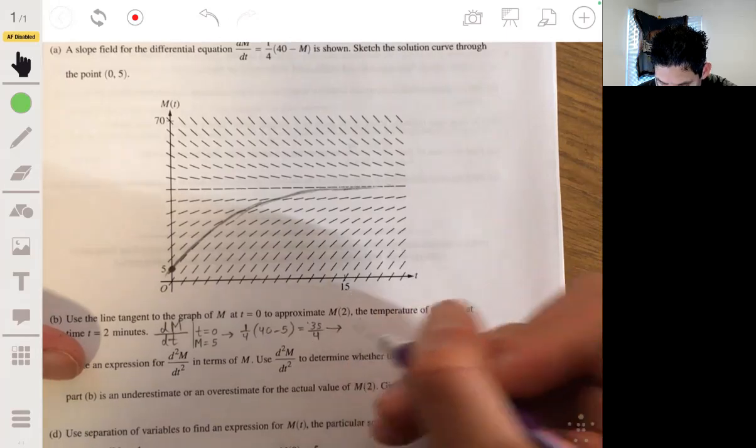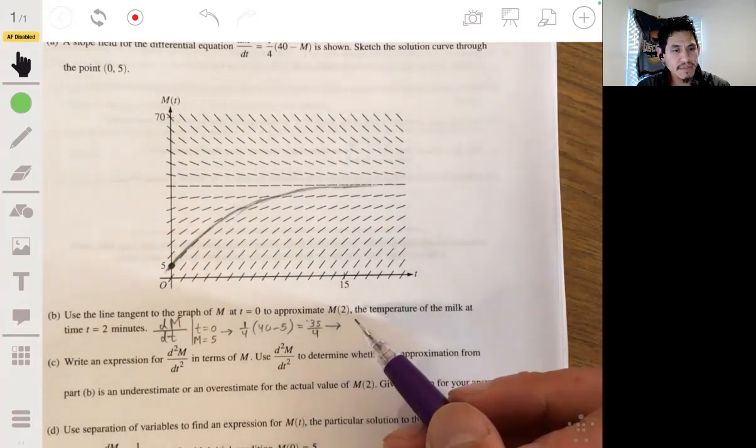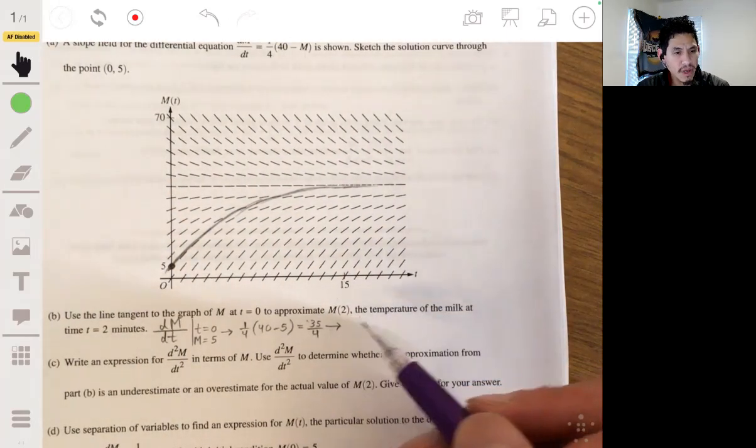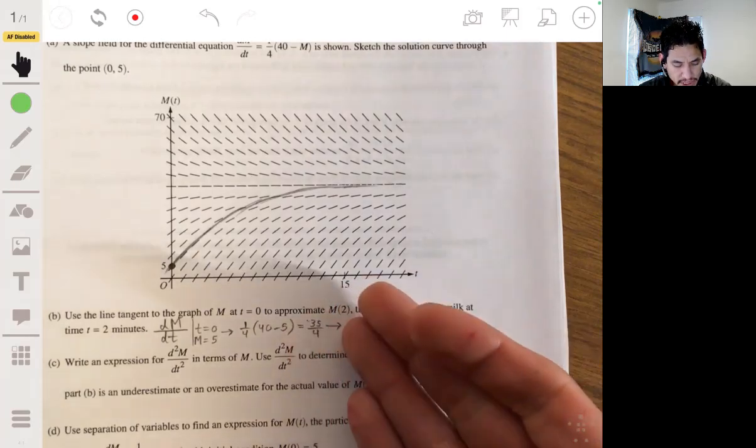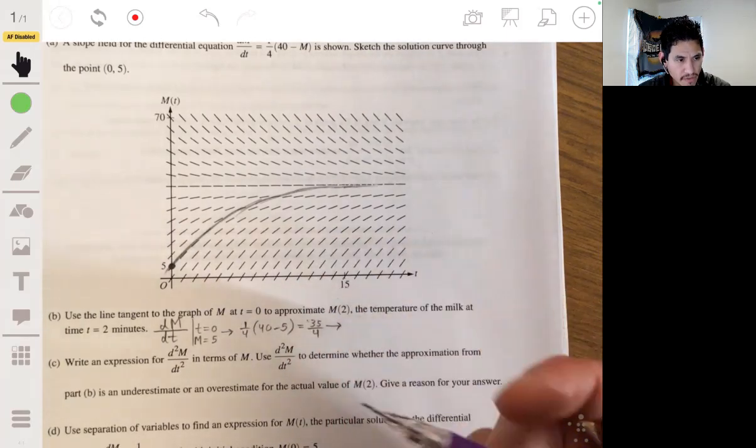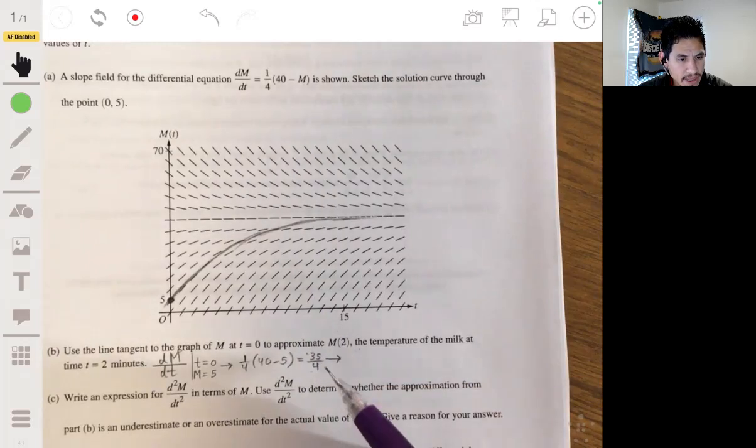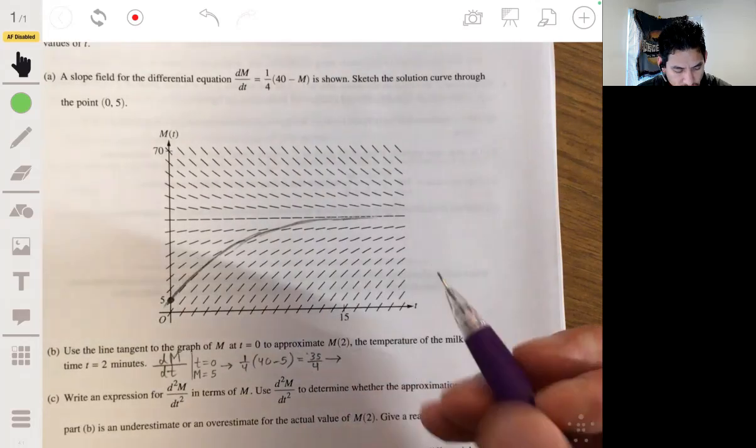Now, from this 35 over 4, we're going to estimate what's going to happen 2 minutes later by increasing the value of M by this amount twice.